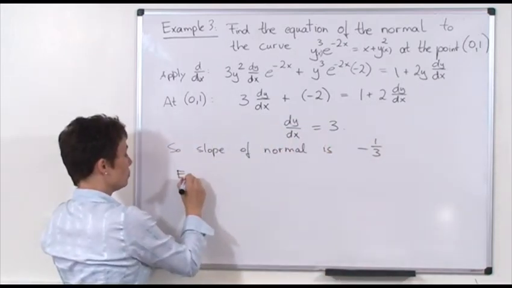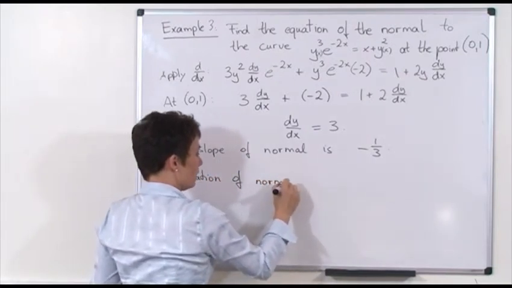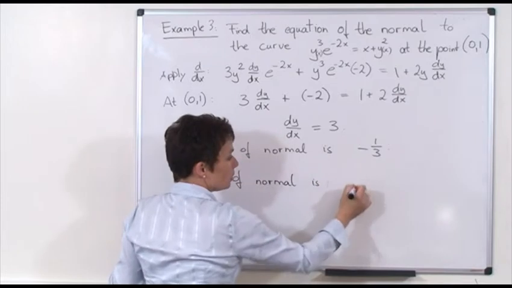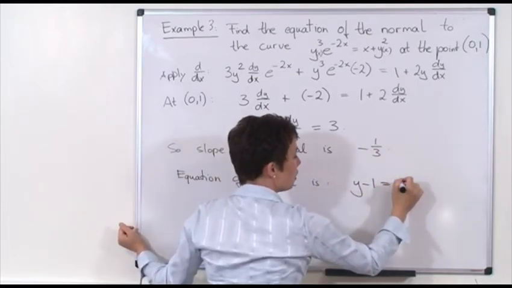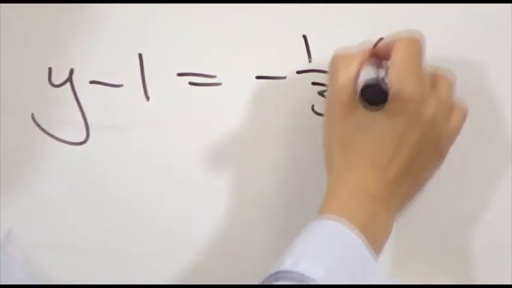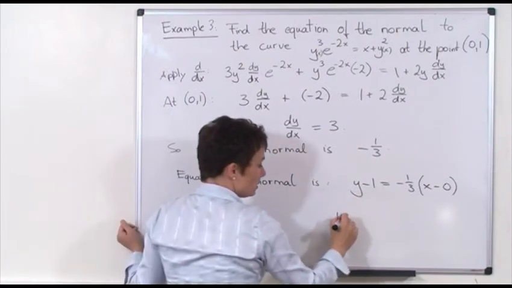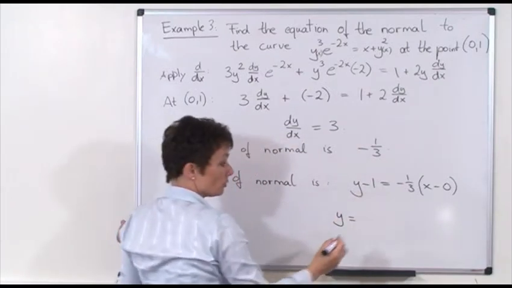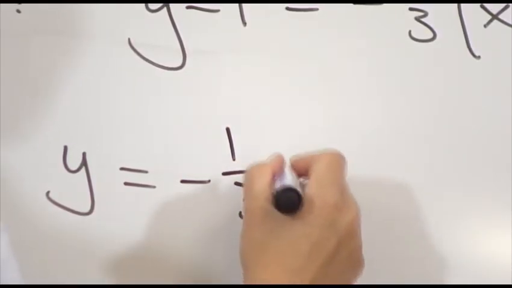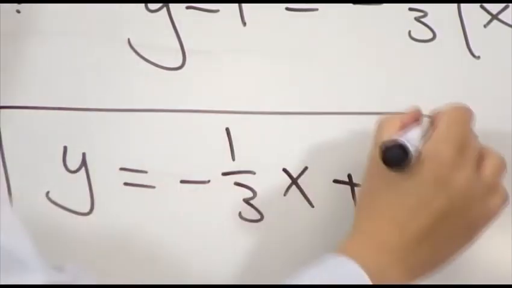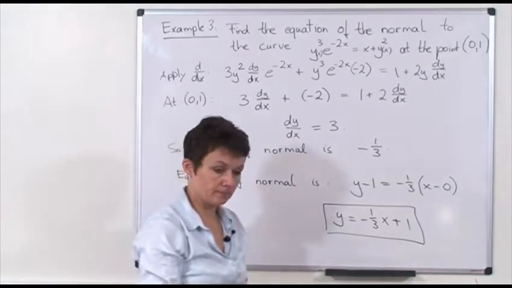So the equation of the normal is, well, we'll take y minus the y coordinate of the point is equal to the slope times x minus the x coordinate, x minus 0. And if you want to write this in the standard form, the equation of the normal is y equals minus 1/3 x plus 1. Okay, and that solves this problem.